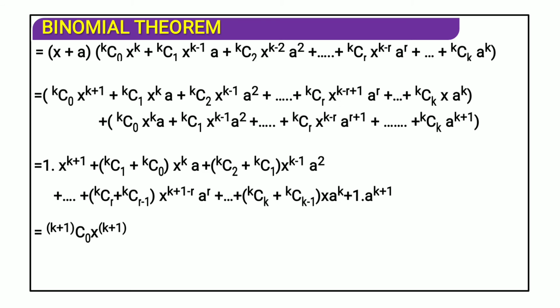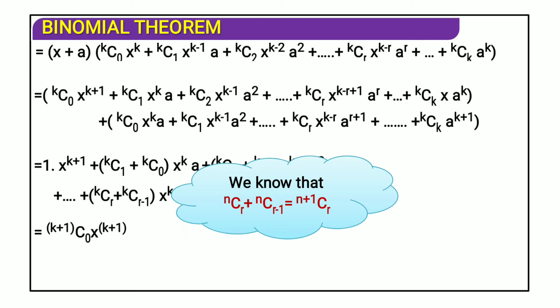Okay, see, what we are having is (k+1)C0. This whole thing is the expansion for (k+1)C0 x^(k+1). But we know the formula nCr + nC(r-1) = (n+1)Cr. Why am I writing this?